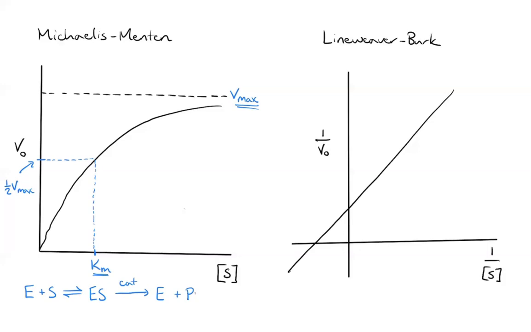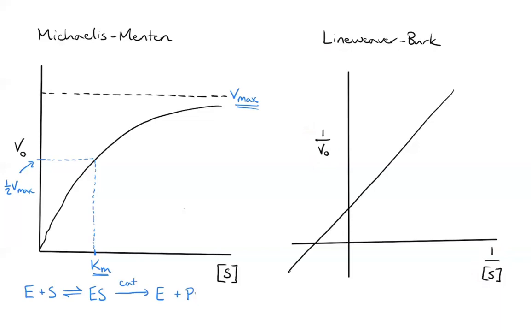These days, we often are able to just pull the parameters straight off of a Michaelis-Menten plot, but it can still be helpful to look at the linearized form, which is our Lineweaver-Burk relationship. This is where we've taken a double reciprocal plot, where we take both variables and just invert them and then plot them. It turns out that this relationship will give us a linear plot, which will be much easier to fit. And there's a couple of things to point out here as well.